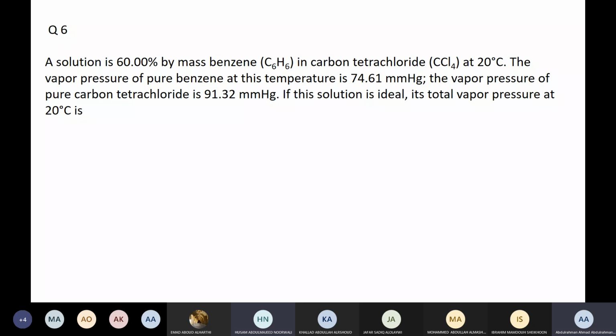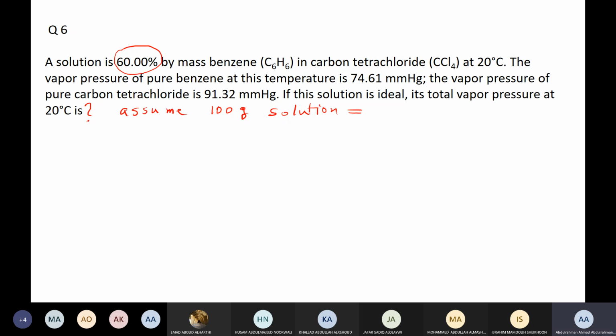And actually, first, assume 100 gram. Yes, that's the first thing. Since you have percentage, the first thing you should do is assume 100 gram solution. If you have 100 gram solution, what does that mean?